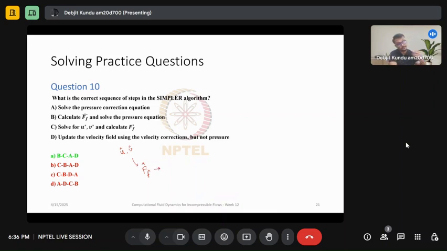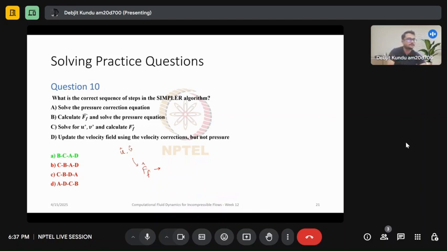The pressure equation gives us the pressure directly, and we also have a pressure correction equation, which is solved later. We do not use it in the first step.